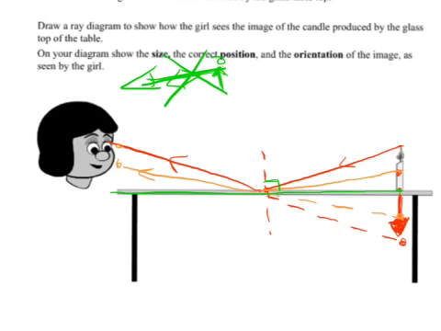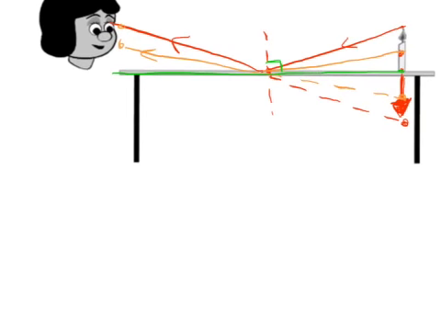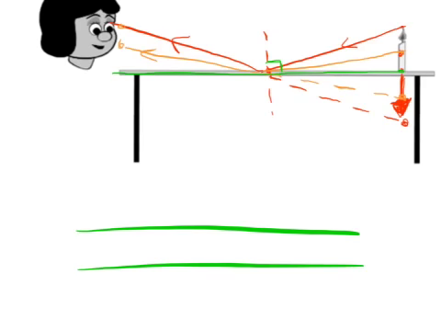Now here is a really interesting thing. This is not part of the question, but it's not actually reflecting off the top surface of the glass. Here's your candle, just drawn as an object, and it's not reflecting off the top surface of the glass. It can't, because it would refract instead. It has to travel inside.